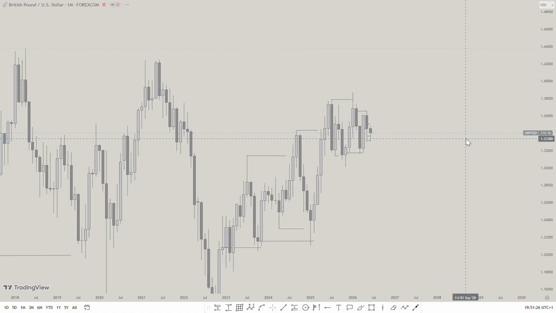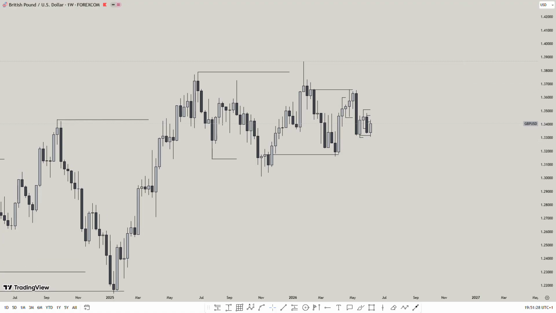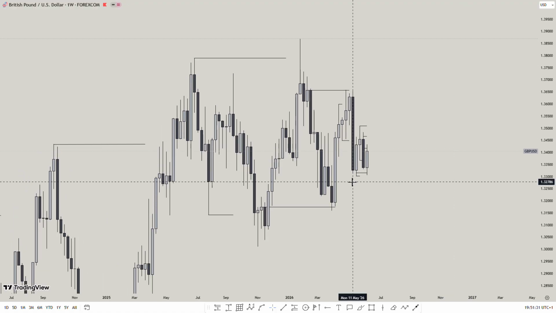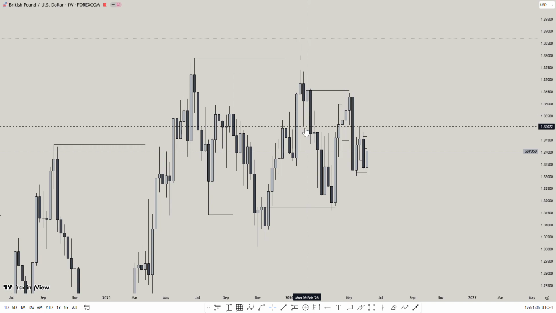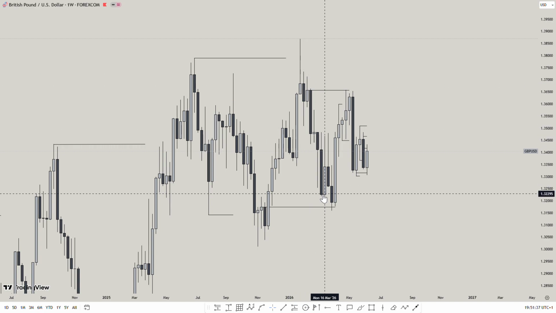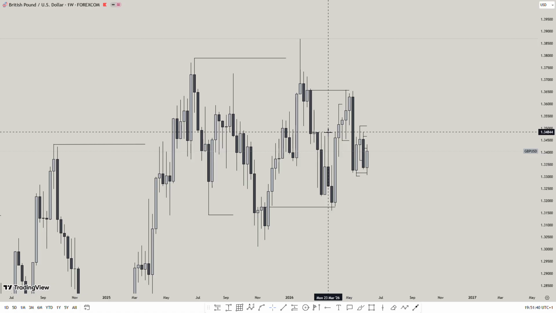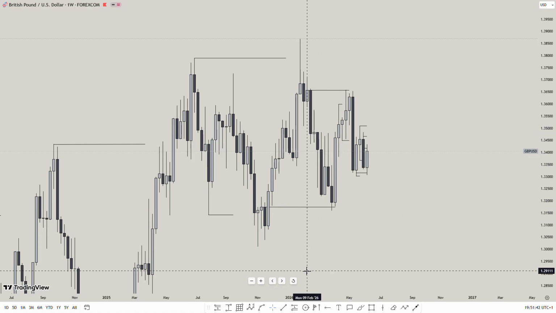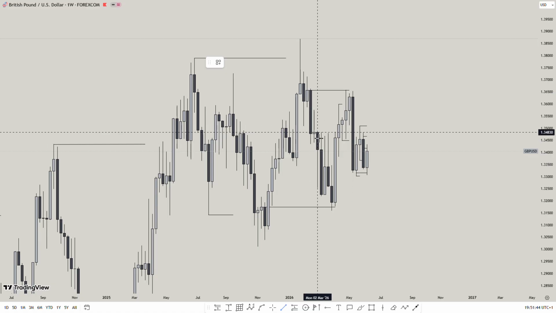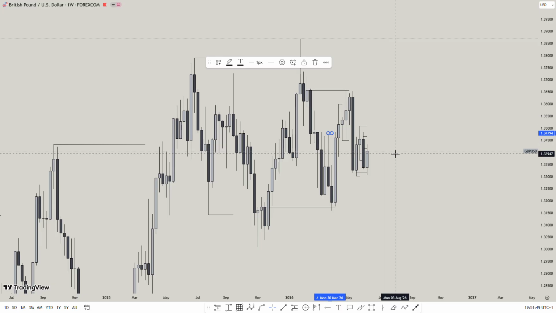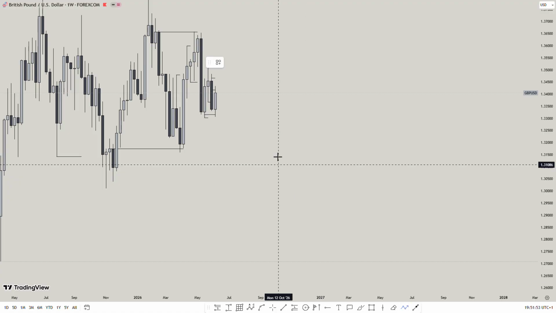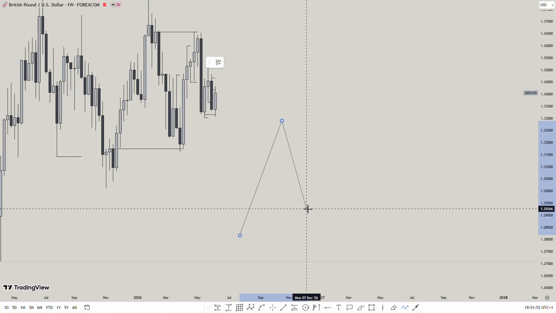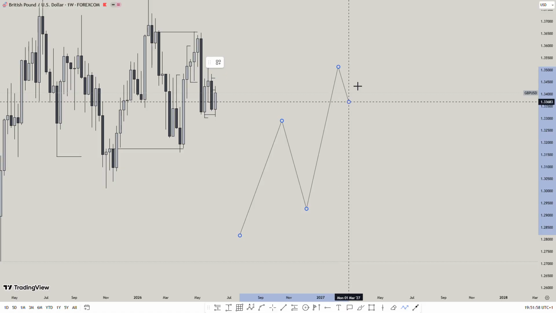Let's go back to the weekly time frame and see what happens. For the weekly time frame, same thing. Price did a retracement, creating a high, a low, a high, a low, a high. Then we had a change of character here, signifying that bullish movement is about to start.